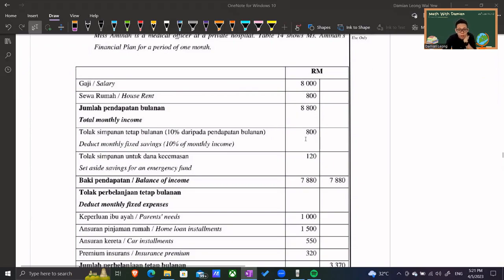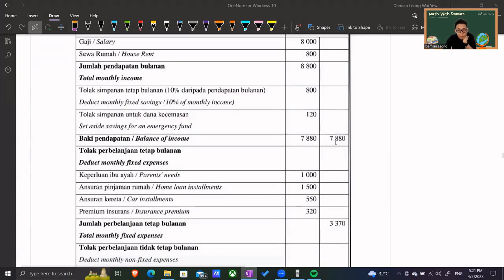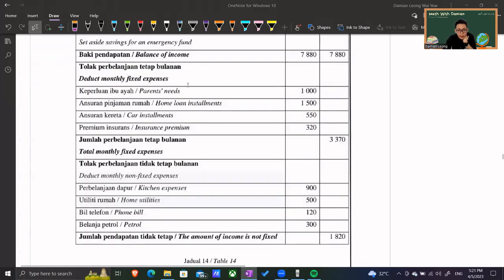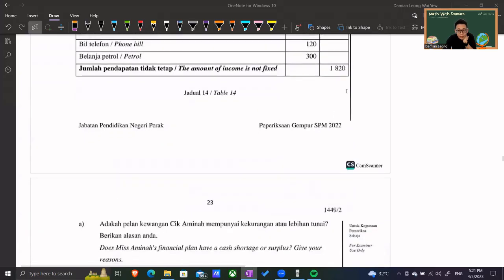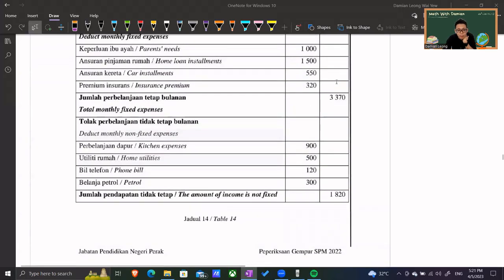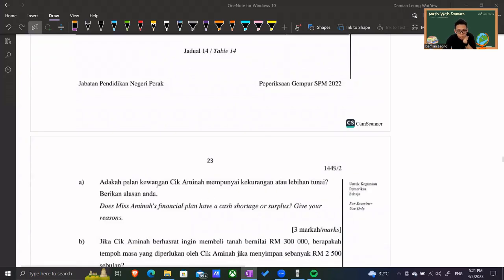Then there's minus of the fixed savings and minus of emergency funds. To get this, then I have fixed expenses and variable expenses total. Then if I take income balance minus the expenses, I will get the cash flow.